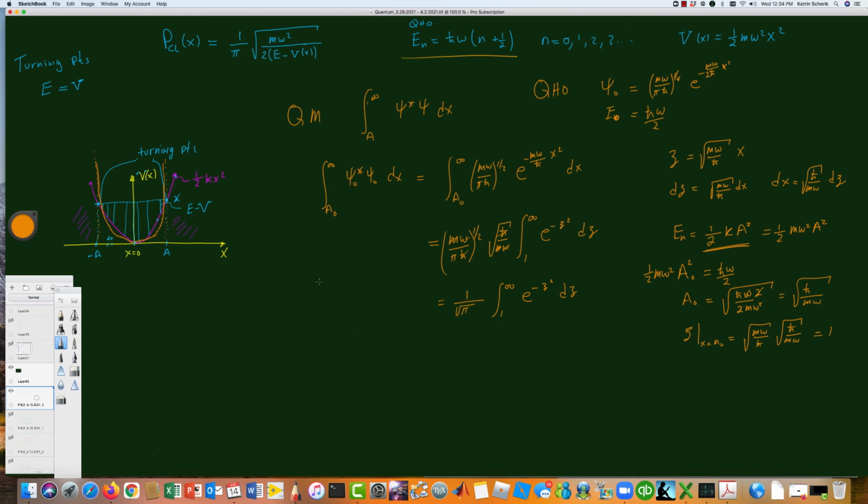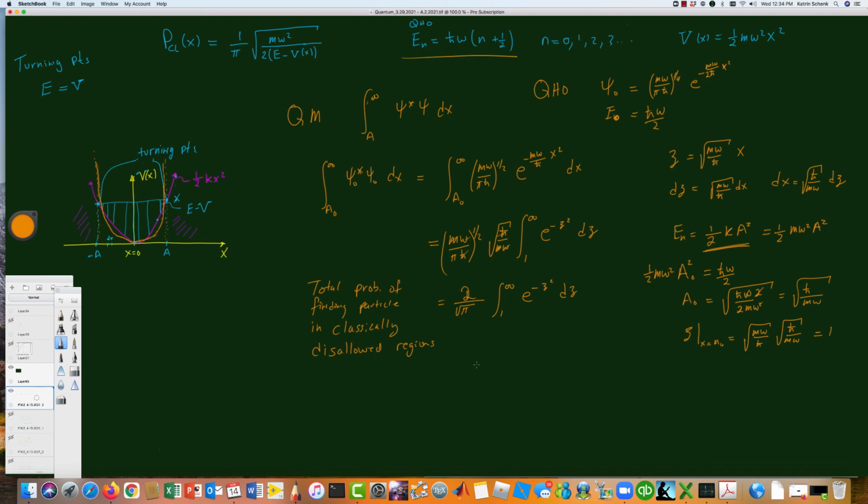So the total probability of finding the particle in classically disallowed regions is equal to 2 times this integral.